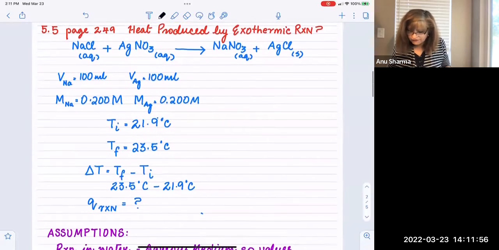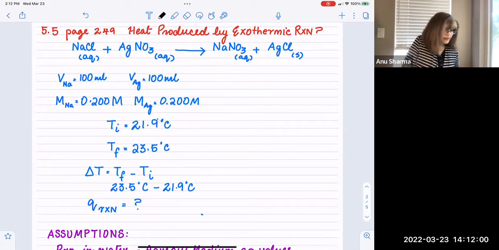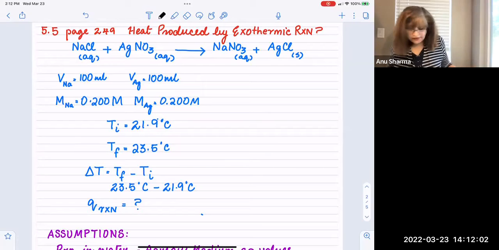Now let's look at 5.5. The 5.5 problem relates to the heat produced by an exothermic reaction, and this is on page 249. Let's look at the reaction first.